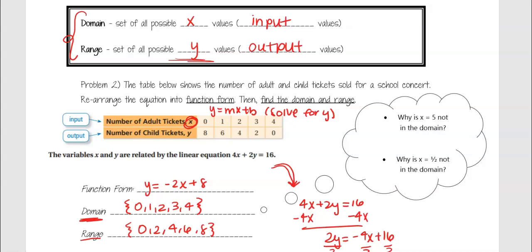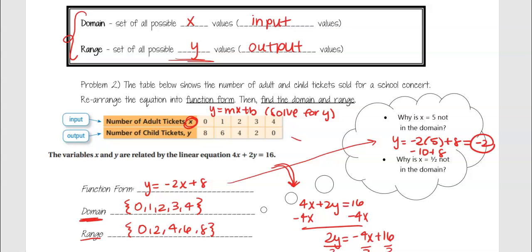Something that we want to see, it says, why is x equals 5 not in the domain? Well, we can check this because we can use our function form. If I set x equal to 5, I'm going to get negative 10 plus 8 gives me negative 2.